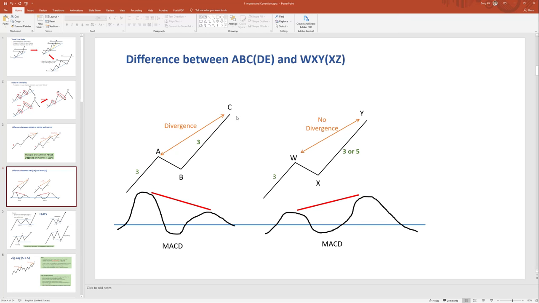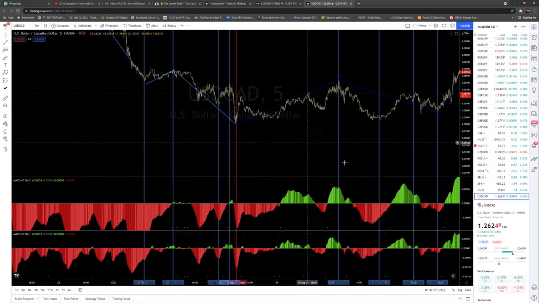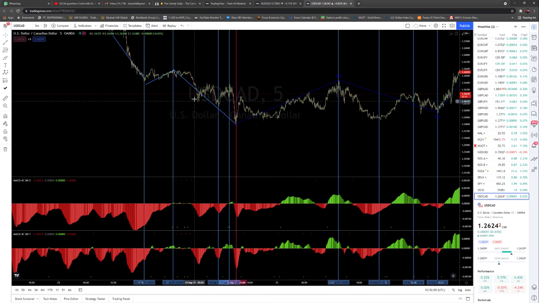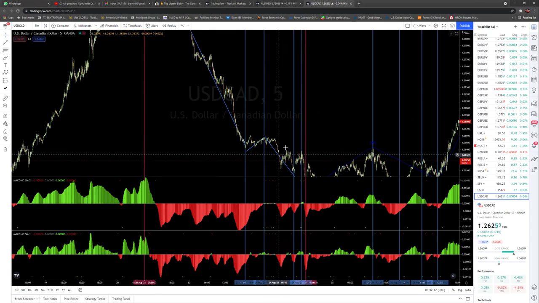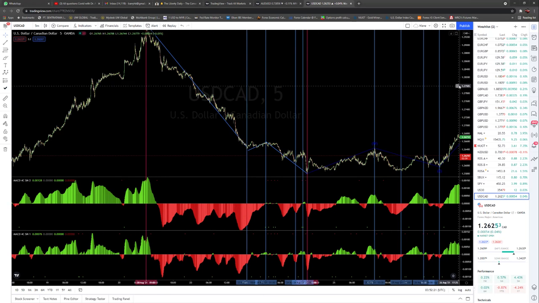Any divergence between A and C? Let's see. If this is A, yeah, between A and C we have divergence. You see, MACD has divergence. So yeah, in terms of labeling, that looks right.